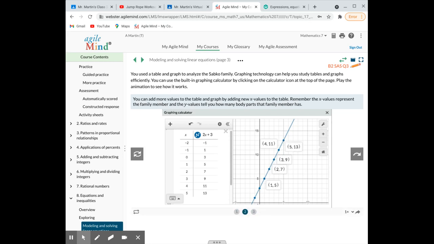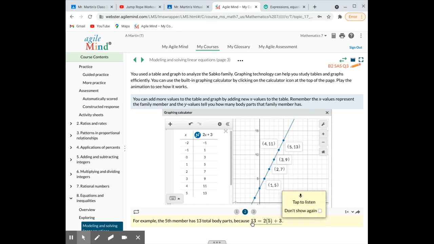So we're getting pretty close. It says that the fifth member has 13 body parts because 13 equals 2 times 5 plus 3. So we know that we're looking for the one that has 19. So that would be 19 equals 2 times some number plus 3, right?